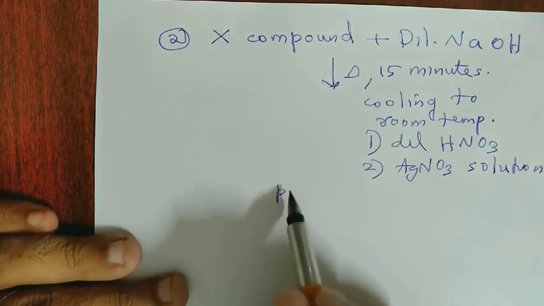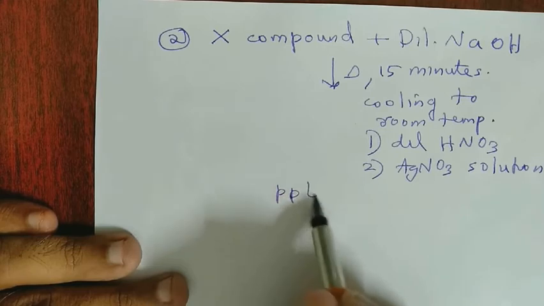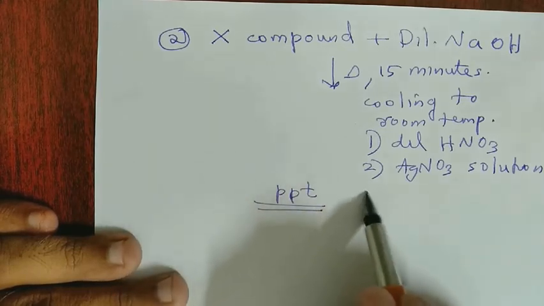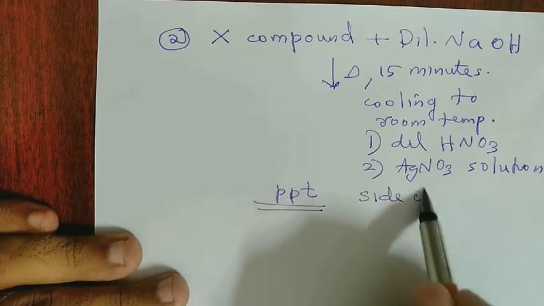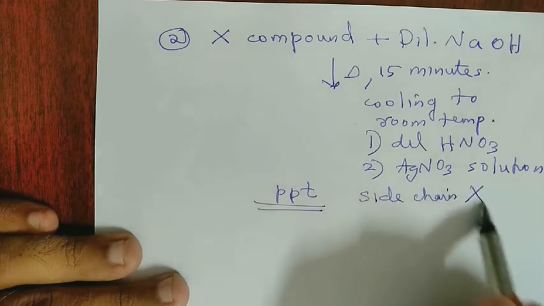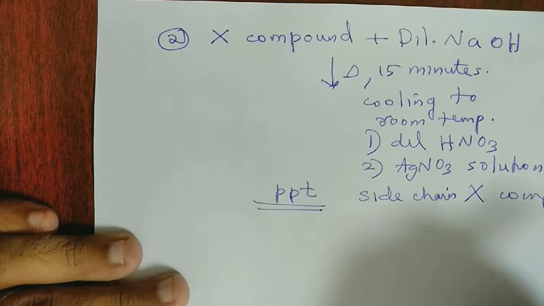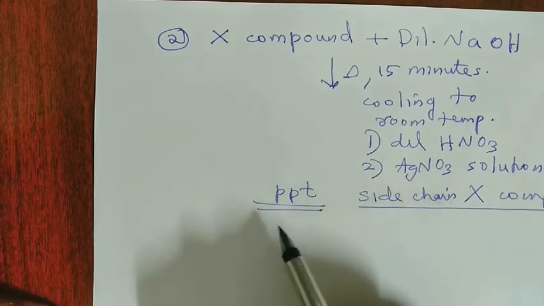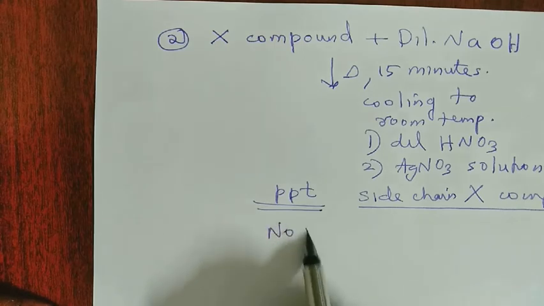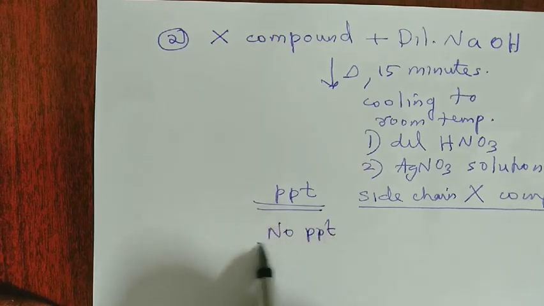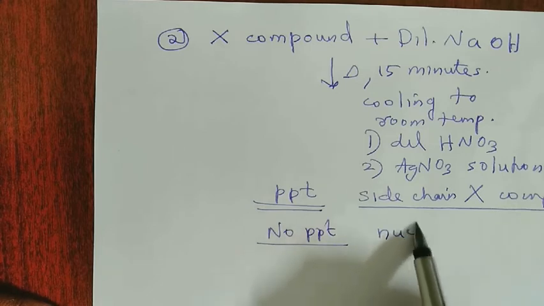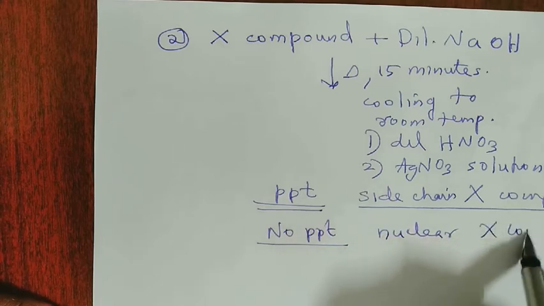If a precipitate is obtained, it indicates the presence of a side chain halogen compound, that is, the given compound contains the halogen atom in the side chain. If no precipitate is obtained, it indicates that the given compound is a nuclear halogen compound.